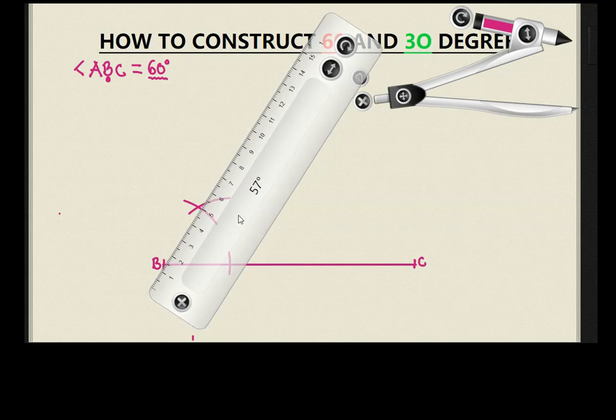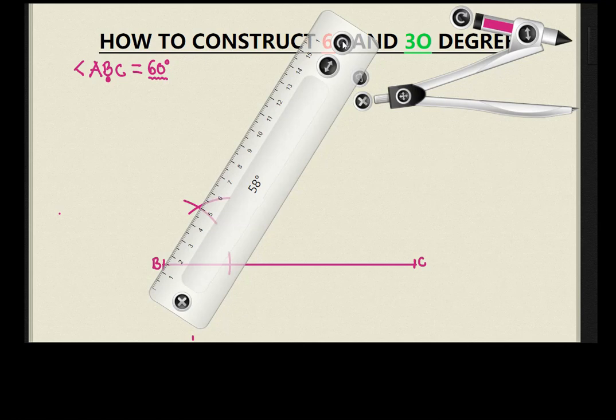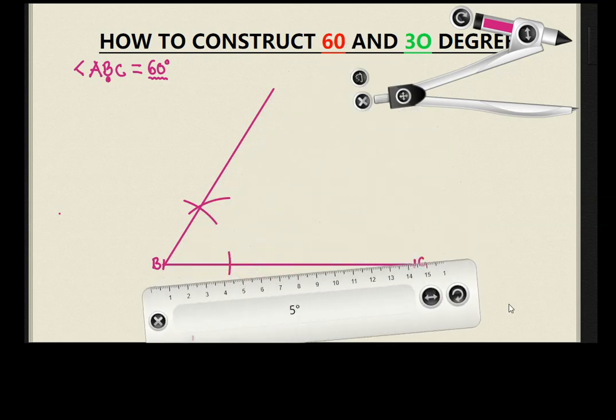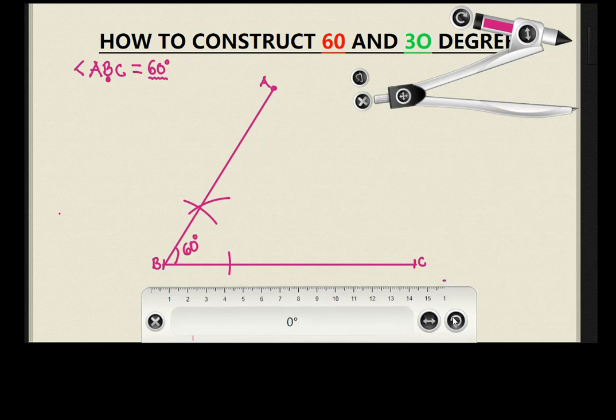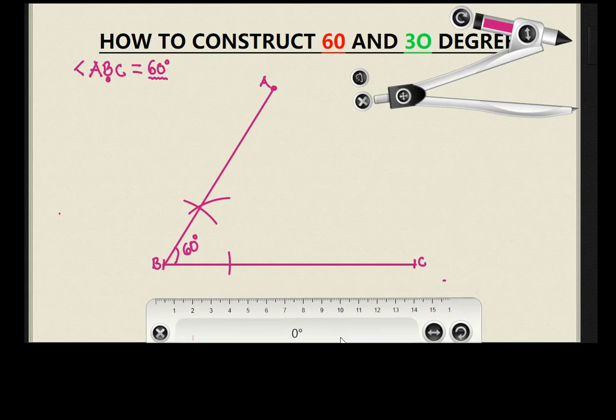After you are satisfied that the ruler is well placed, now you can draw a straight line that passes through that point. Now you can see our point A is at that particular point, such that angle ABC is 60 degrees.